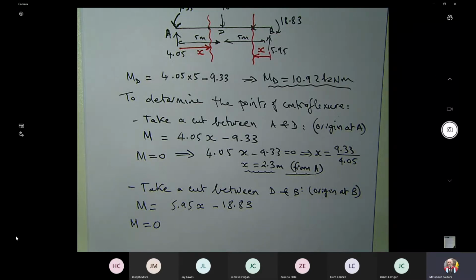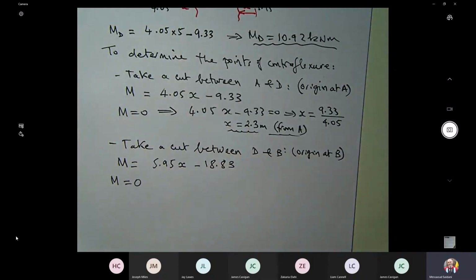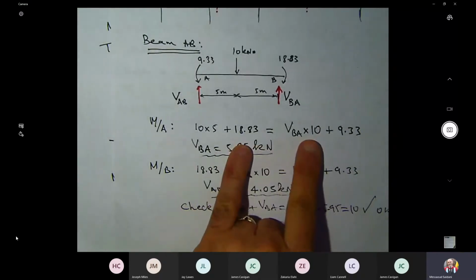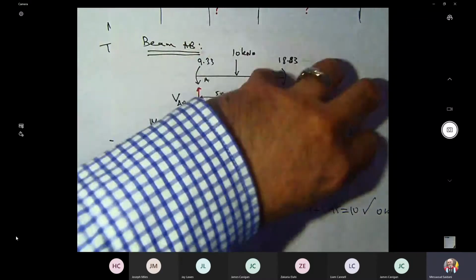When you are determining the equilibrium, you can use clockwise, anti-clockwise. Please listen to this because that's very important. That's an important question. When you are determining the equilibrium, as we did here, you can use clockwise, anti-clockwise. So you say clockwise moments equals anti-clockwise.